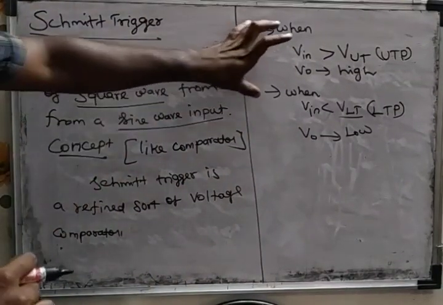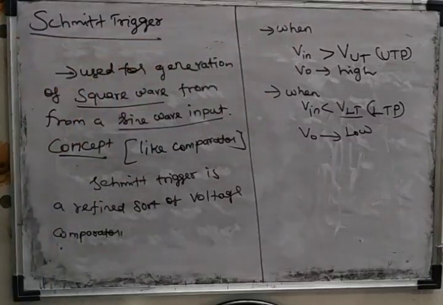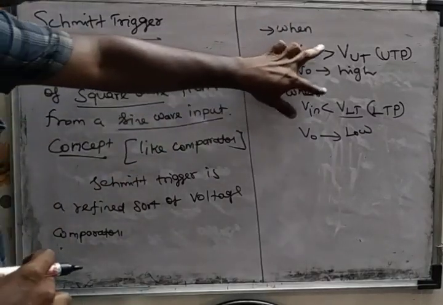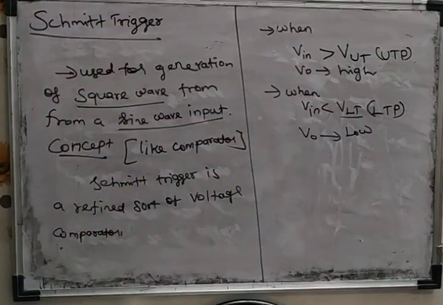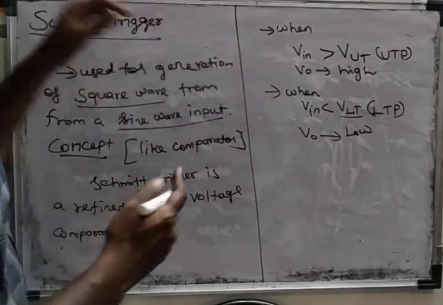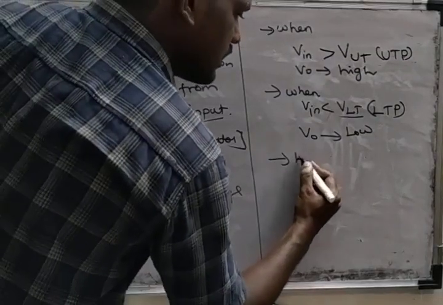So when the input is between these two levels, the output retains its value, either the low value or the high value.